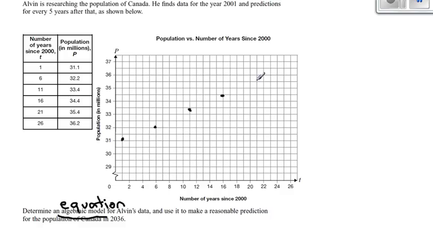Hope I've got this in the right spot. Yep. Oops, too high. I'll fix. There we go. 25.4. And 26 years is 36.2.